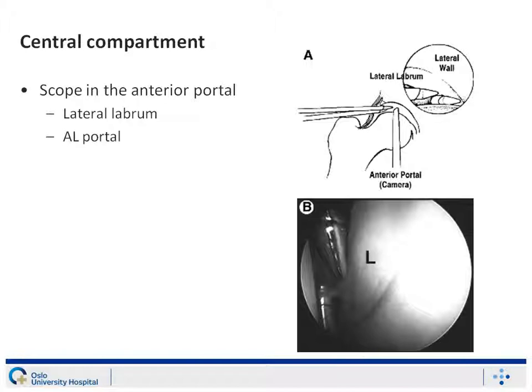You can always have a better look down into the posterior part of the acetabulum and the ligamentum teres when you look from the straight anterior portal, where the scope is directed more down into the joint, and you have a better vision of the lower parts of the joint, which is the area which is most difficult to access.